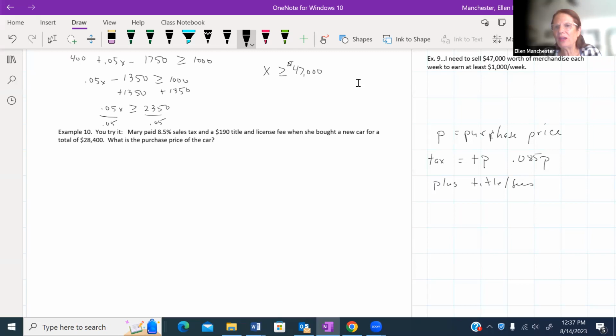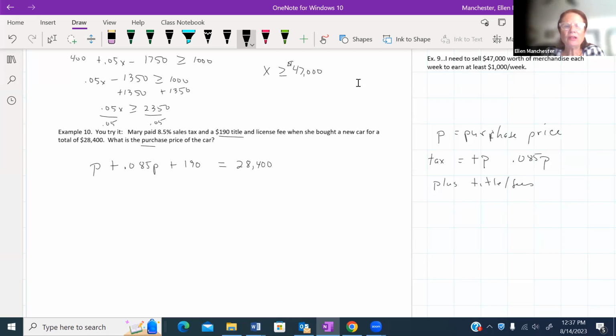So this is the setup. We have the purchase price plus our tax plus the fees of $190.